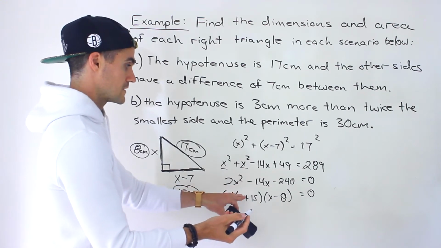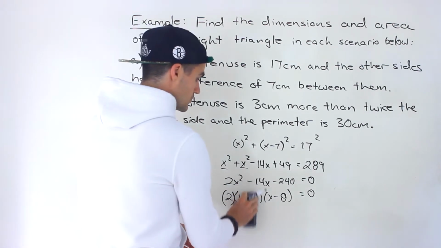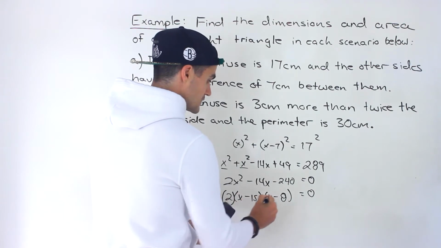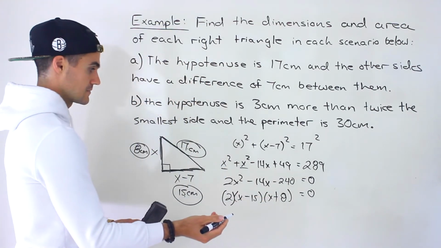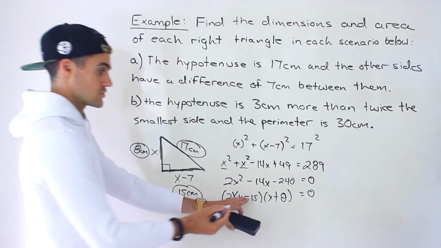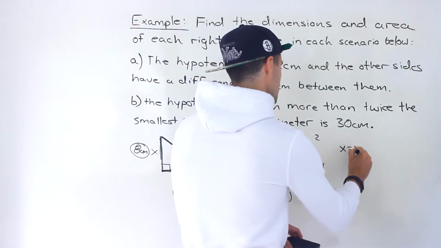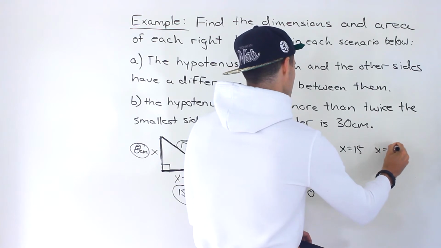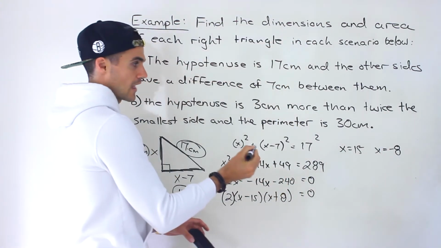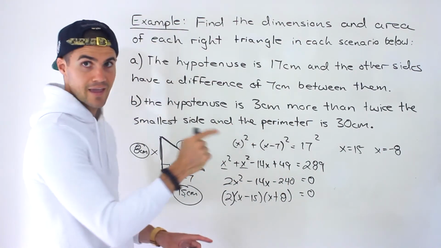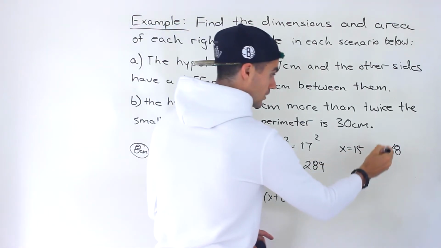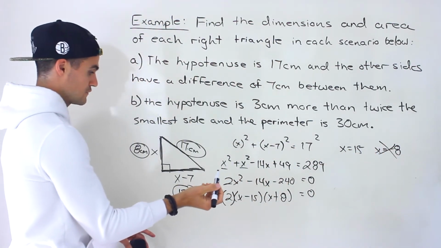And so what this would factor to would be x minus 15, x plus 8. Okay, and then the two solutions you'd get to this particular equation would be x equals 15, x equals negative 8.